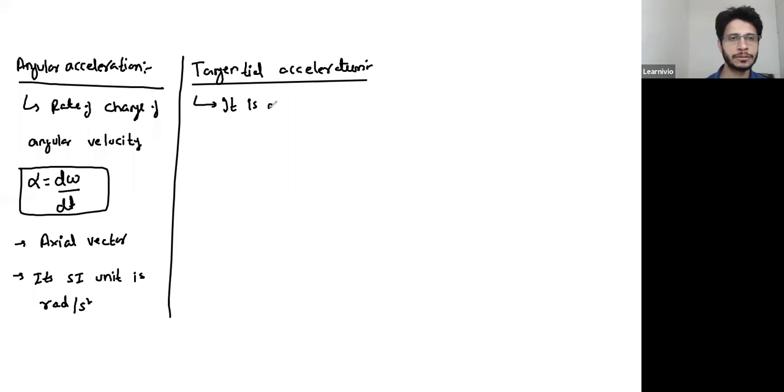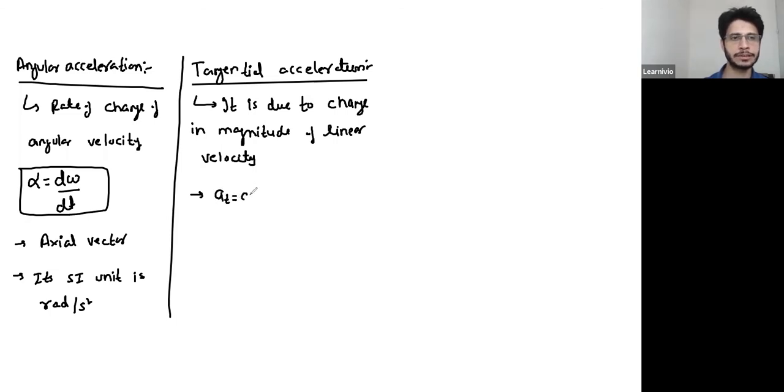Yes, Abdullah. The change in magnitude of linear velocity is the cause of tangential acceleration. You can write tangential acceleration as dv over dt. It is just the rate of change of linear velocity.